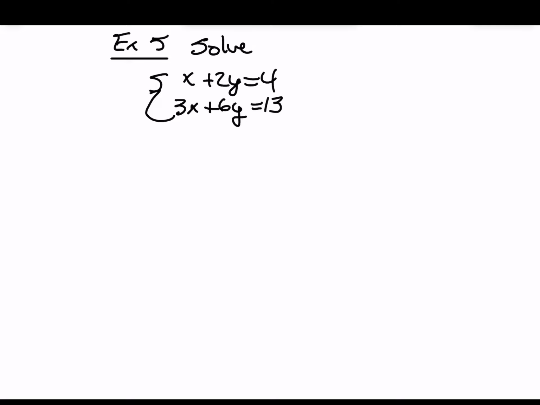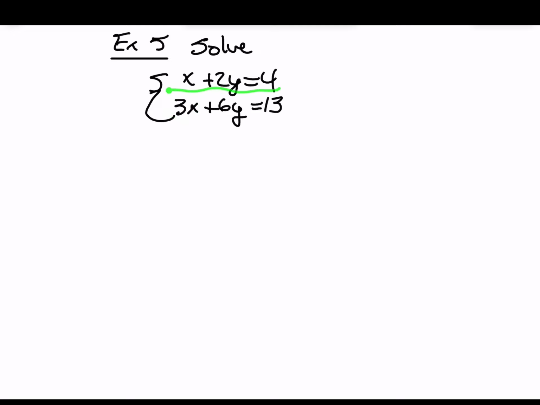All right, now for a little bit of a different example. We're still going to solve this system of equations using the addition method, but our system is x plus 2y equals 4 and 3x plus 6y equals 13. So how can we get the x's to go away? We could do the same thing with the y's, but we're going to focus on the x's.